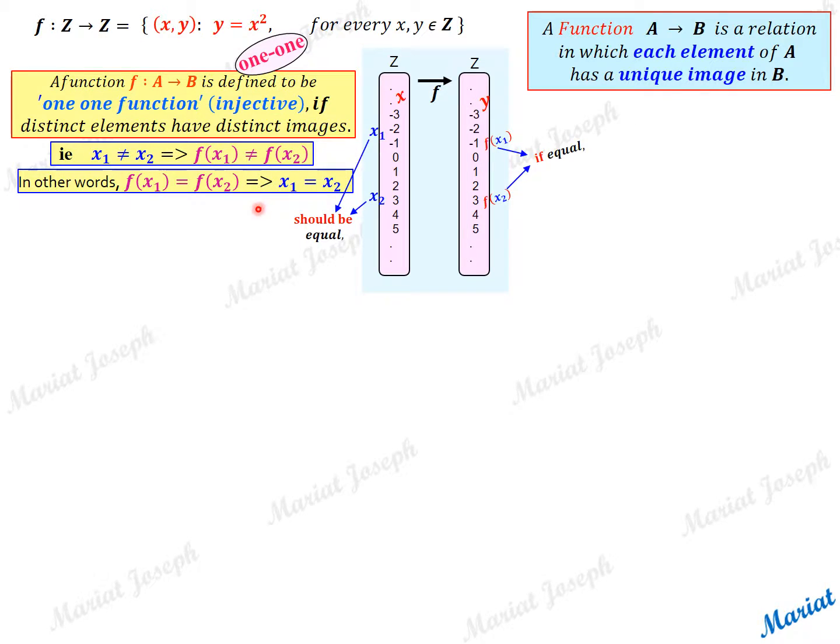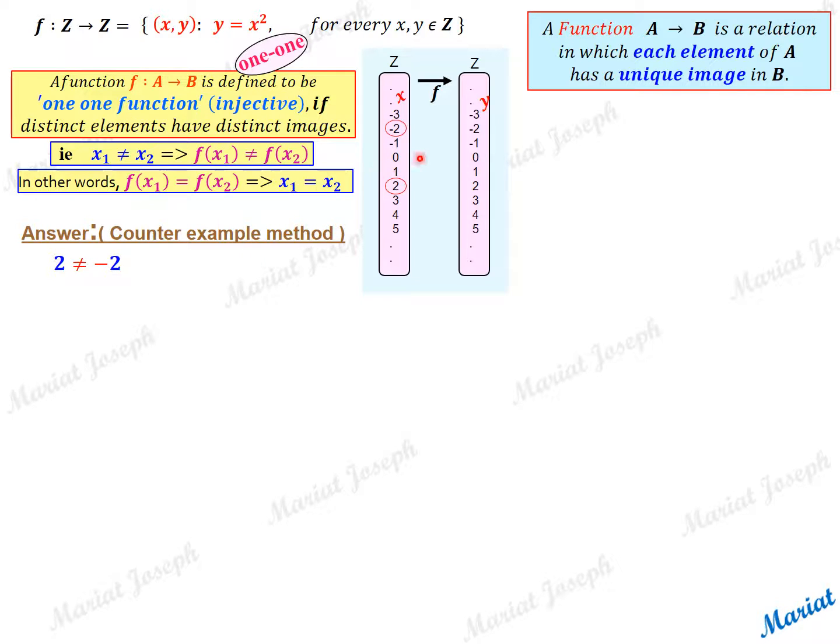Here, we observe a counterexample, an example which goes against the definition of one-oneness. That is, two elements x1 and x2 I take as -2 and +2 which are unequal, but we already noticed that their images are same. 2 square and -2 square both are equal.